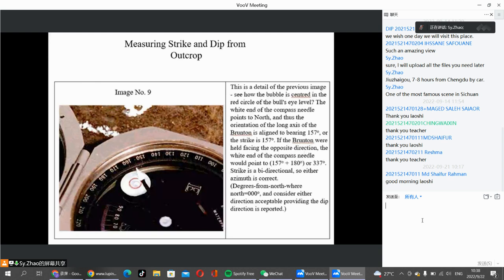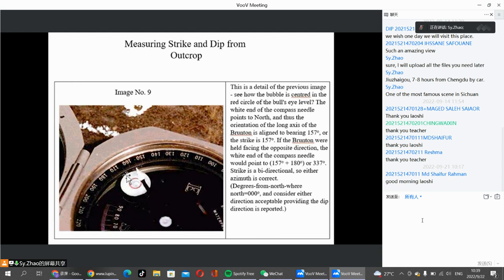And this is a detail of the previous image of that compass, in which we can see how the bubble is in the red circle.